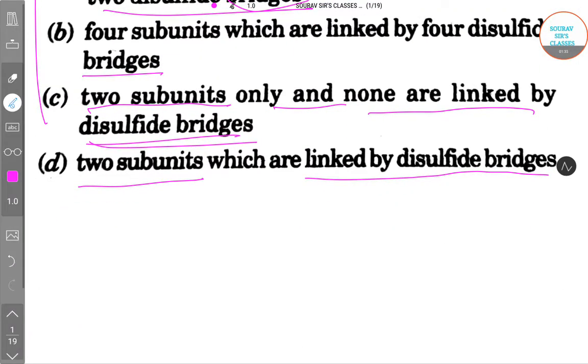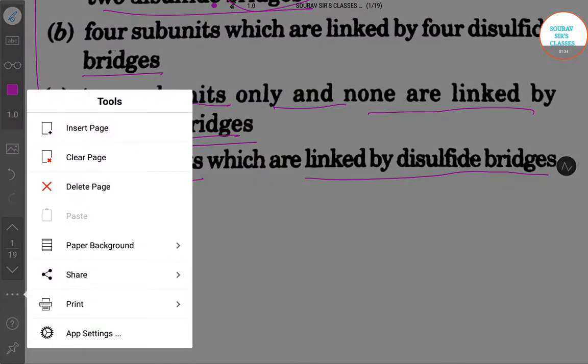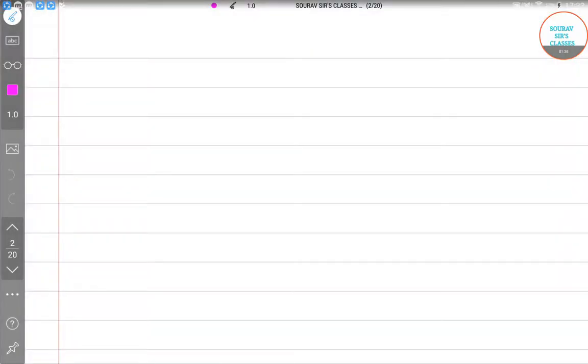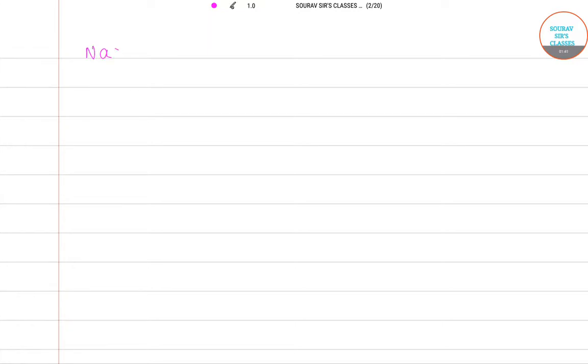Now let me do one thing. I am inserting a page so that I can explain. So native PAGE, let's know about native PAGE.